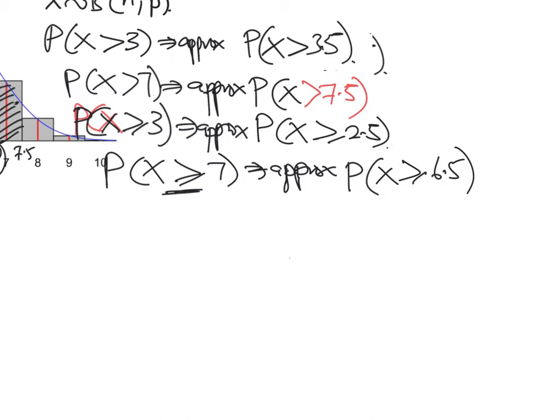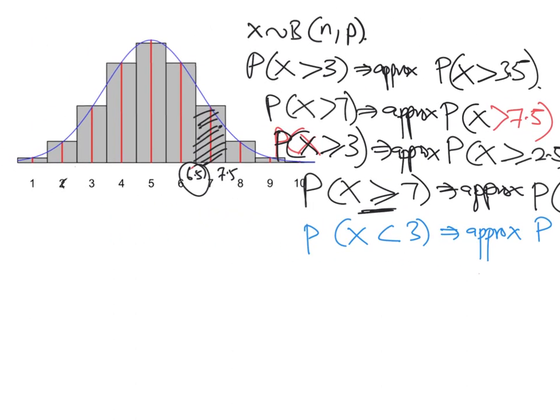Now let's look at finding the probability for binomial X less than 3, and let's approximate that using the normal distribution. So X is less than 3. That's 3, and then the lower bound is 2.5 and the upper bound is 3.5.